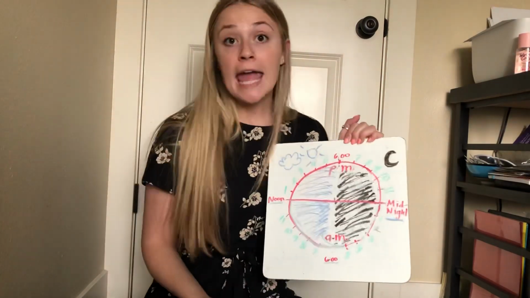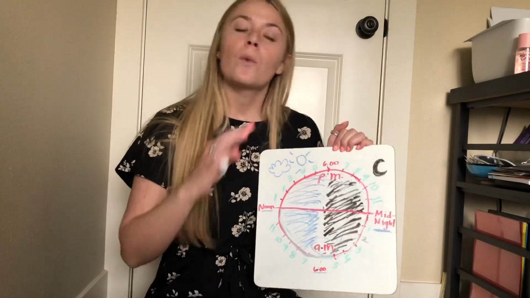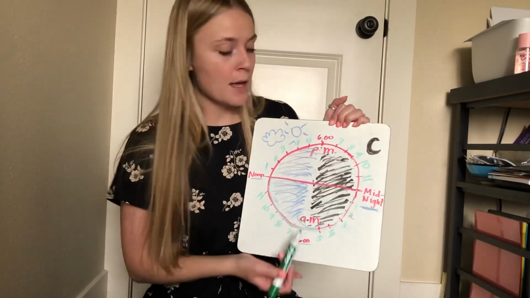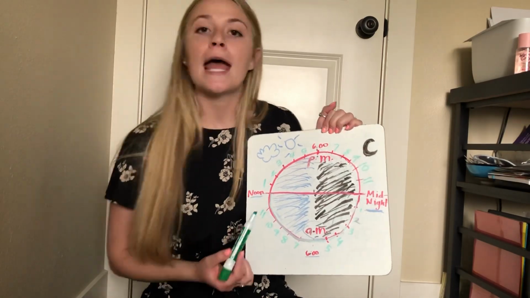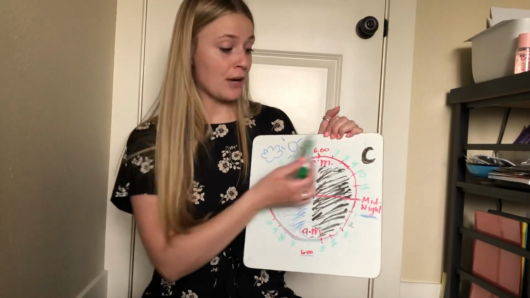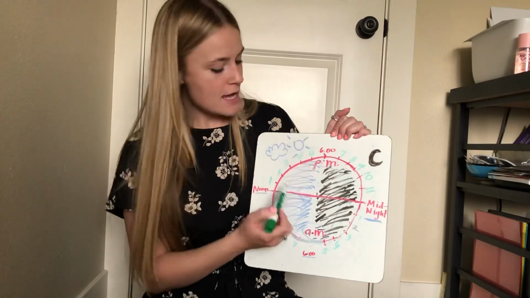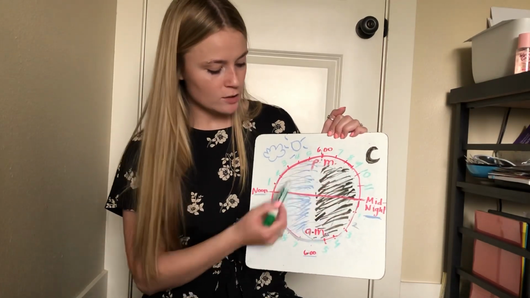We can't say AM because it's light and PM because it's dark. We have to change our way of thinking. We have to say, no, it's AM because it's after midnight and before noon. And then we could say it's PM because it's afternoon and before midnight. The same goes for the PM side. Look at the PM, the top half of the circle.